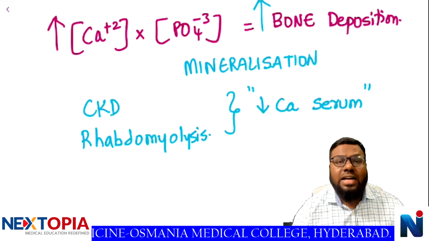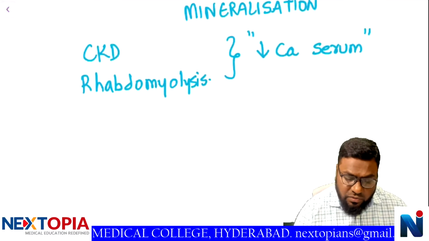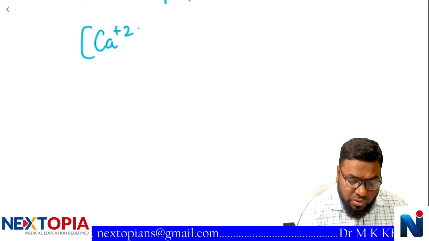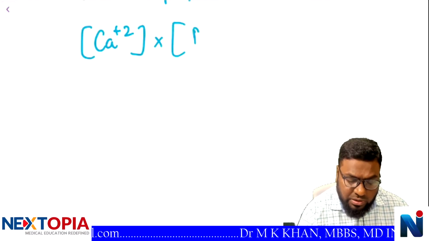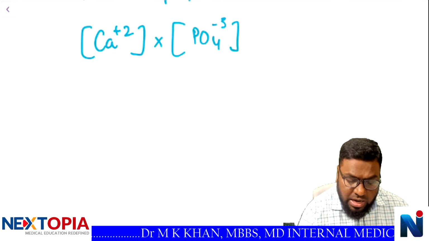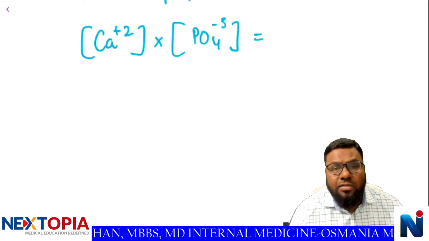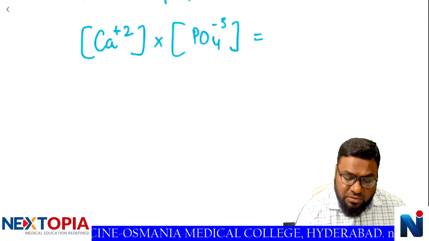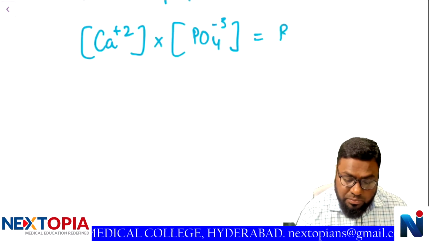Now let us try to understand another scenario wherein the product of calcium and phosphate is low. If it is low, solubility is less, and this results in what is known as bone resorption.